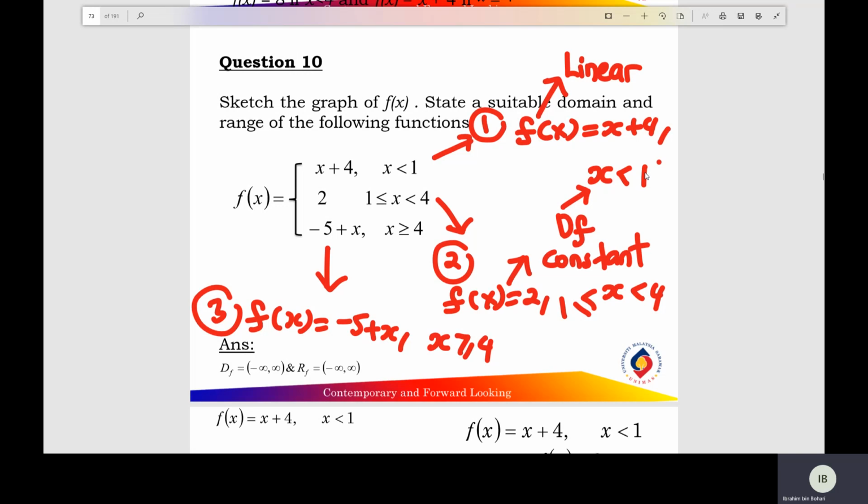Or here you can write this function f(x) equals x minus 5. First, you sketch the graph of the first function f(x) here equals x plus 4.